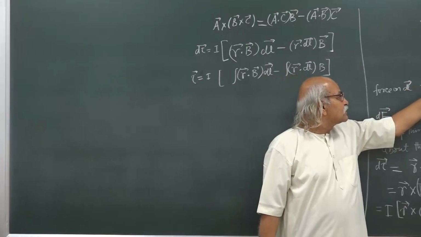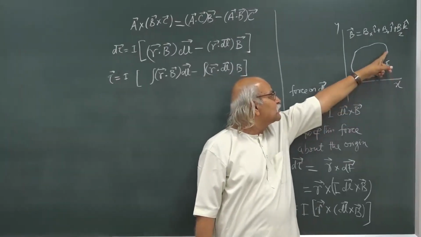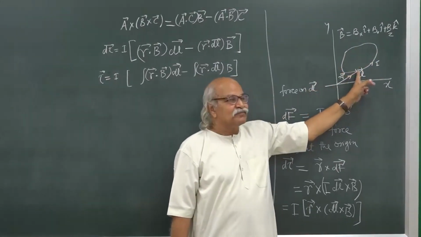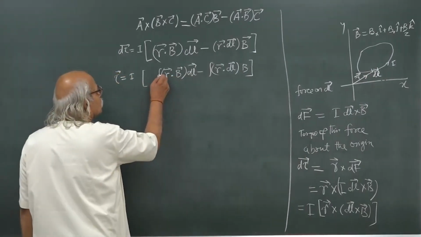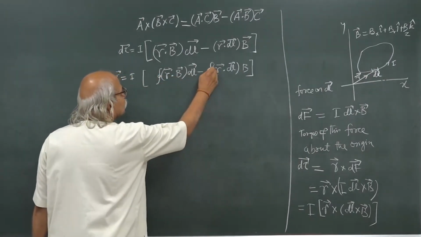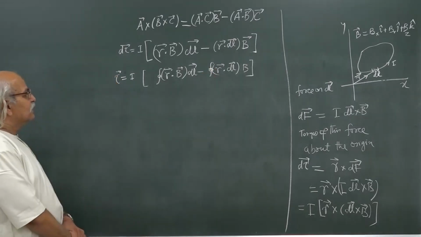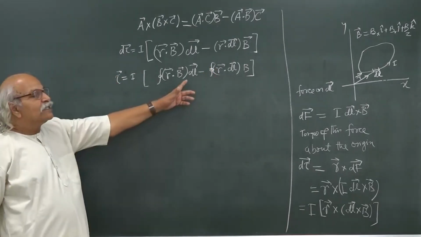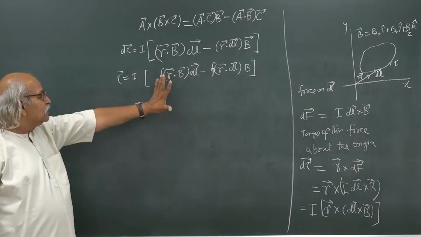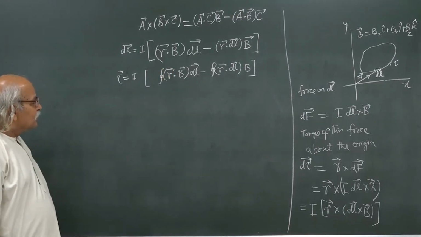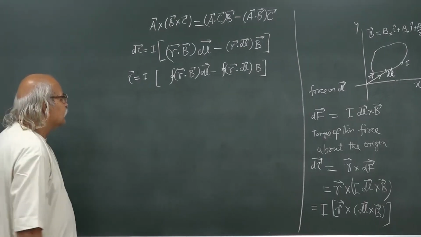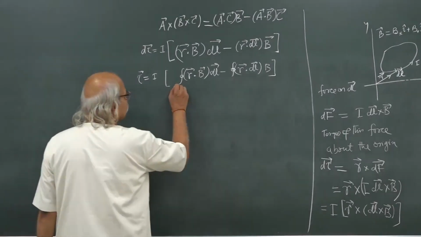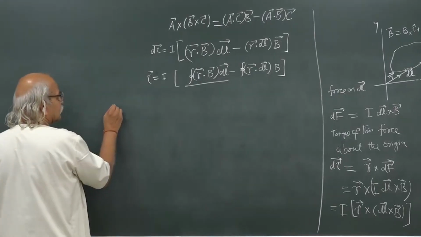It is this part plus this part plus this part, and so on. It is a kind of closed loop integration. So, we put this circle here to tell that this has to be integrated on a closed loop. Now, if we write in component form one by one, let us look at this.